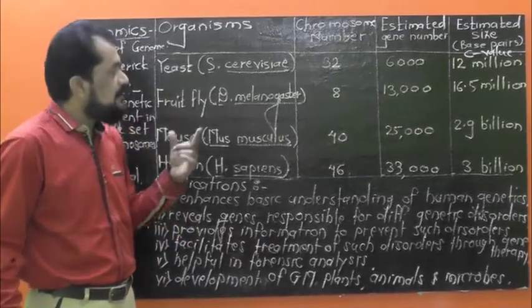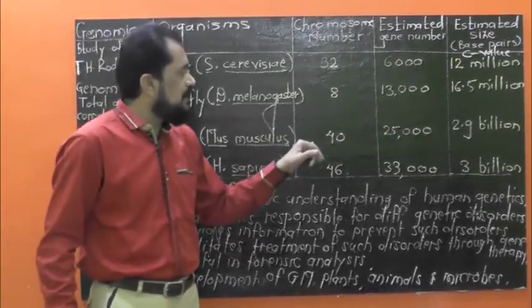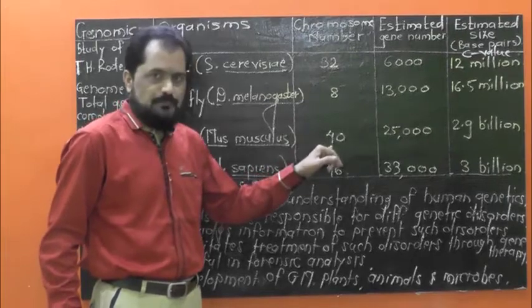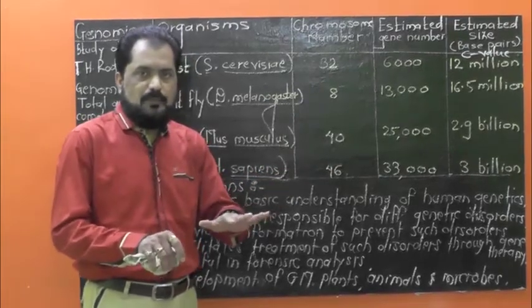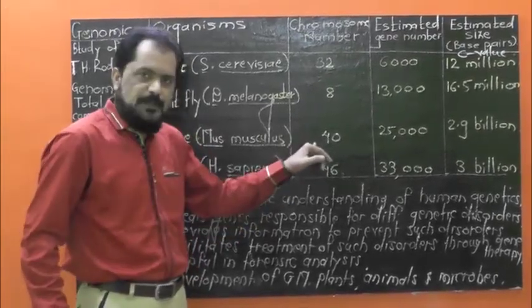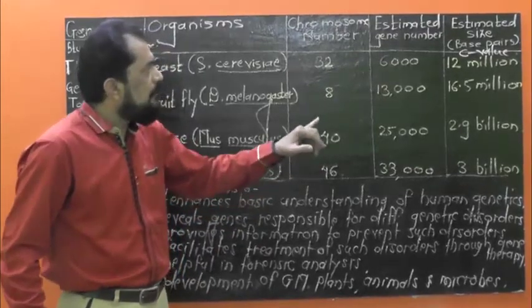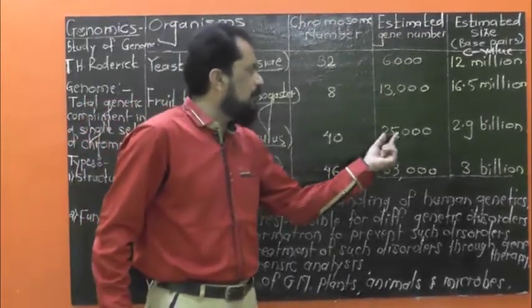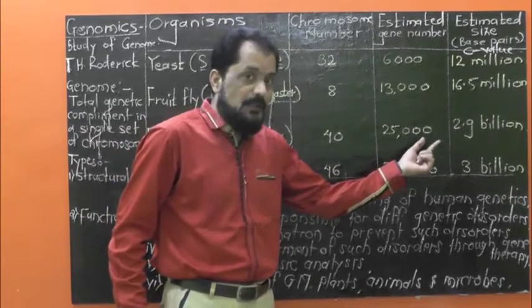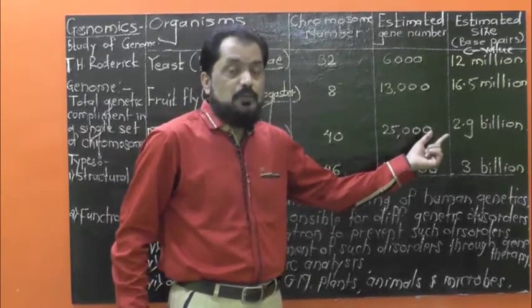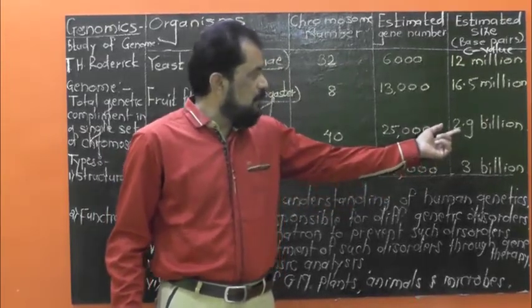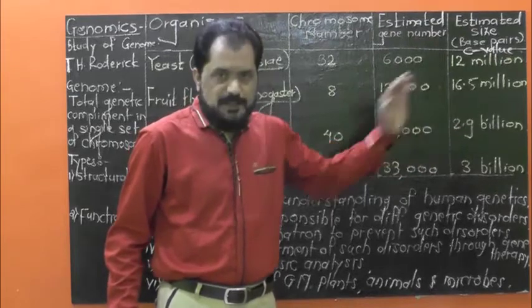there are 20 pairs of chromosomes, that is, the total number of chromosomes in a diploid cell is 40. The number of genes is 25,000, while the C value, the number of base pairs, is about 2.9 billion.